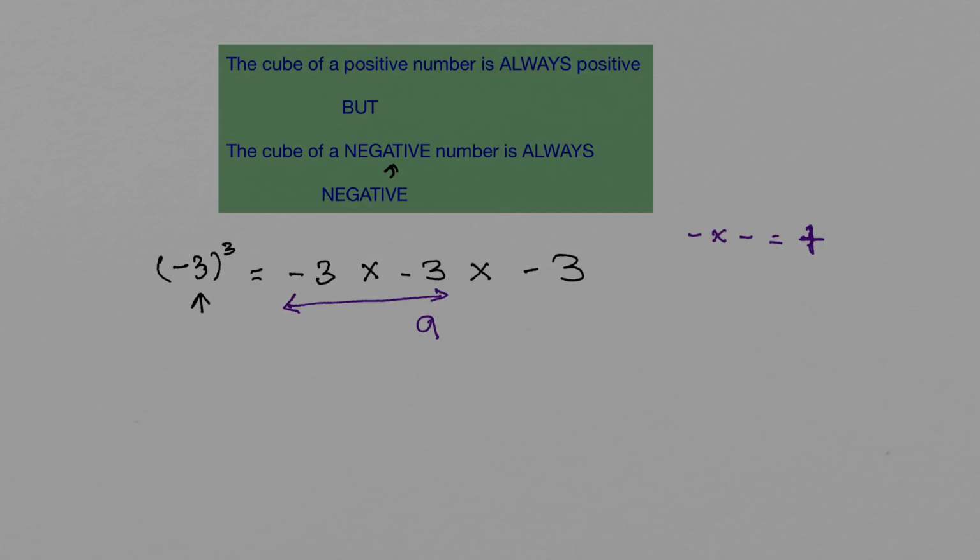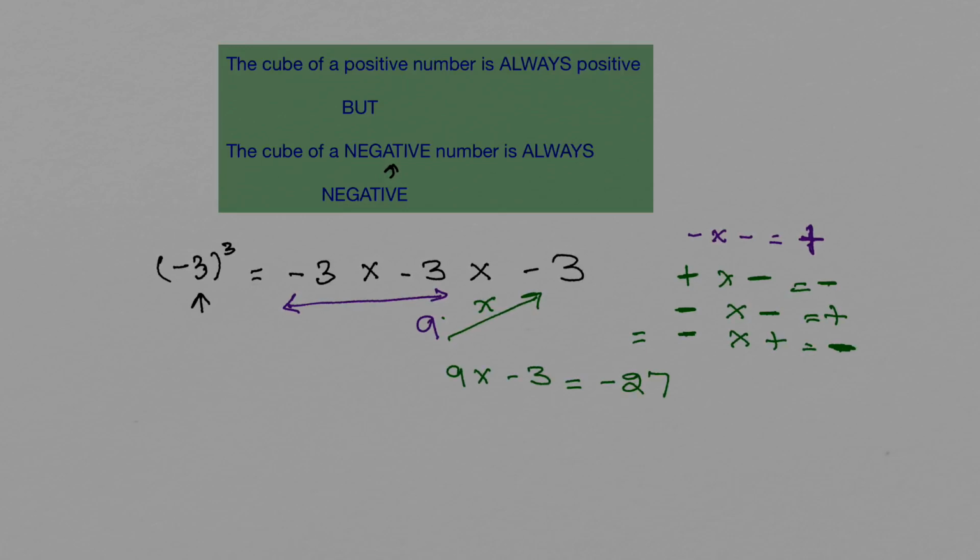But in the next one, it's going to be 9 times minus 3. 9 times minus 3 will give us minus 27, because plus times minus will give us minus, or minus times minus will also give us plus, or minus times plus will also give us minus as an answer.